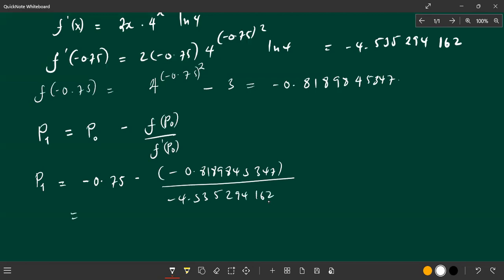Overall we have a negative here because of those negatives.